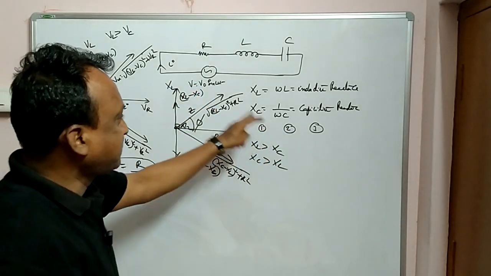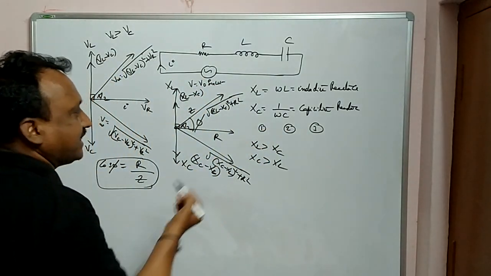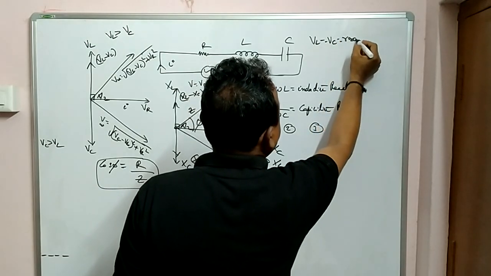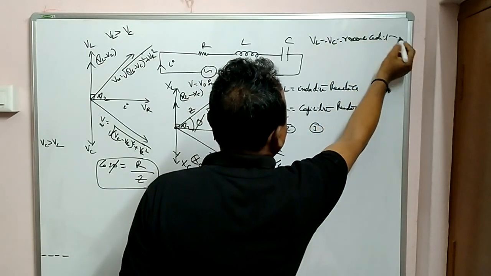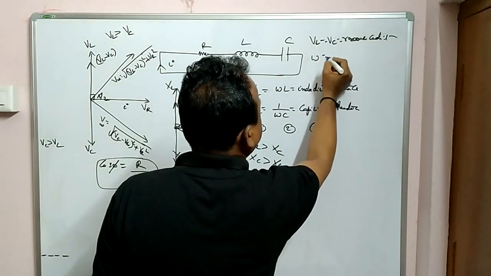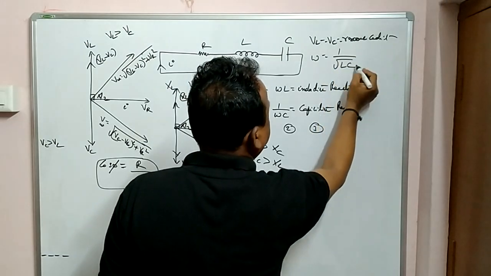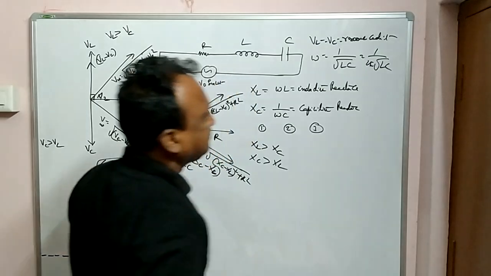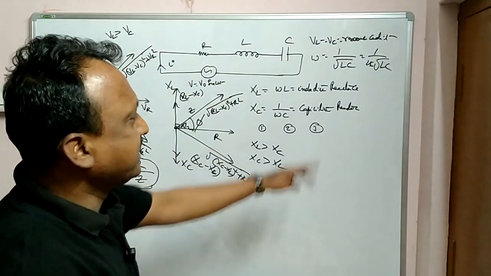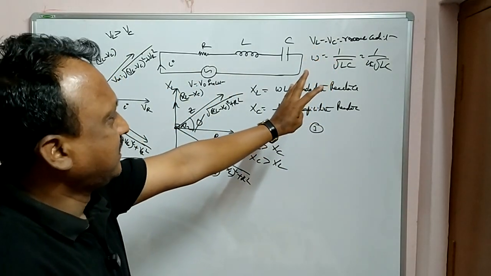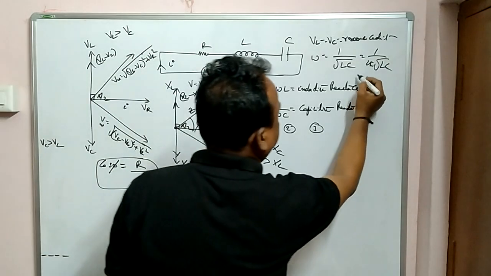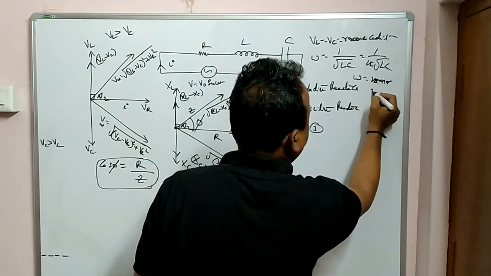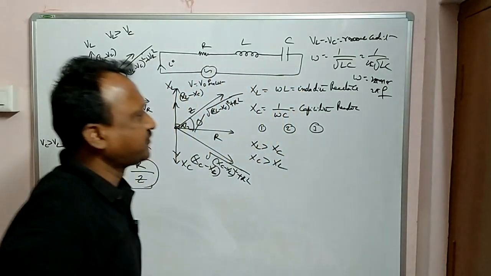In the last case you have also seen that if VL is equal to VC, it is called the resonance condition. There you have seen omega is equal to 1 by root LC, or frequency is 1 by 2 pi root over LC. 2 pi is a constant, L is inductance, C is capacitance. Because we already know omega is equal to 2 pi N or 2 pi F, anything can be used for frequency.